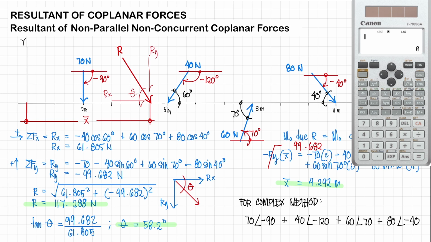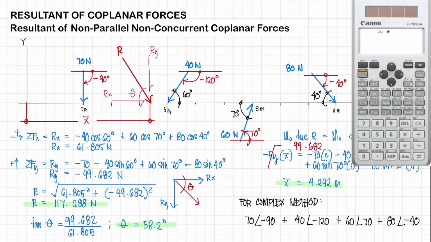Alright, so let's try that out in our calculator. First off, let's go to our complex mode. So click mode and then select 2. And then for the first one, we have 70 angle negative 90 plus 40 angle negative 120 plus 60 angle 70 plus 80 angle negative 40.